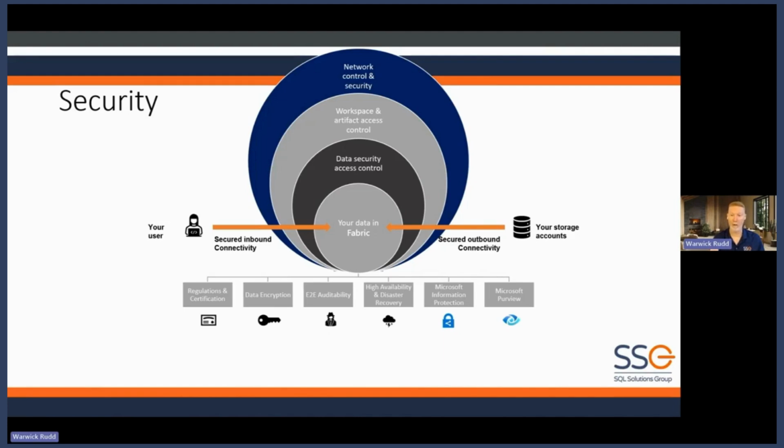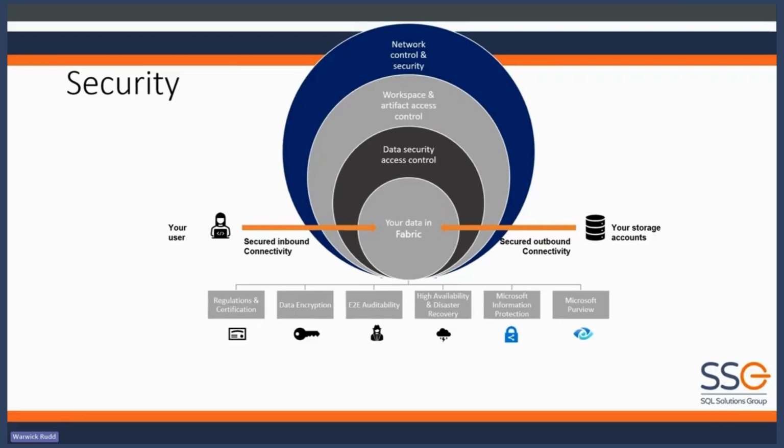But we start off, as I said, you must have an Entra ID. There is no way of getting around that. And you can't actually connect direct to Fabric. Okay, it's the way that it comes in. It's using the private endpoints behind the scenes to be able to determine where you can get into and what access you have.